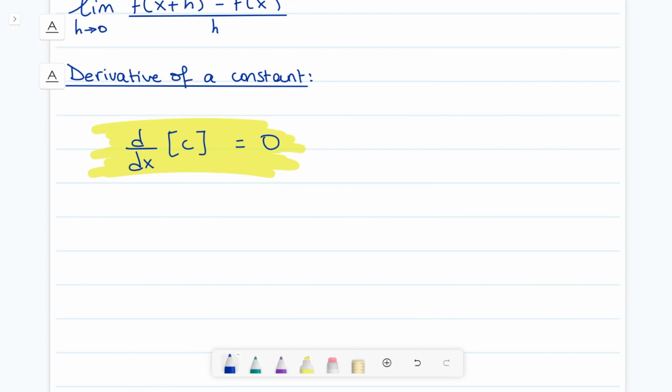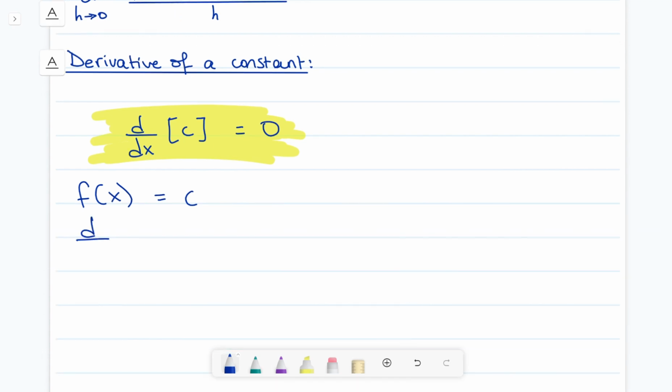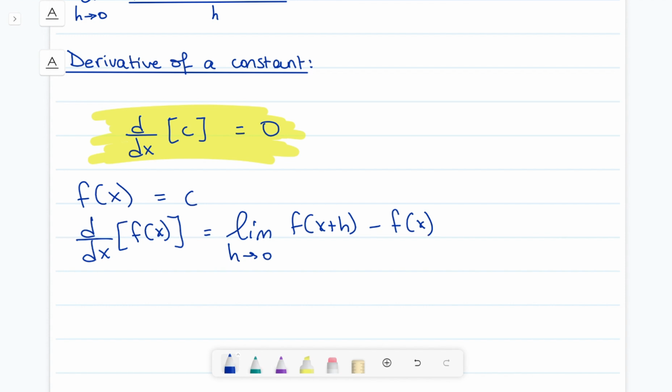Now let's prove it. So if we have a function f of x equals a constant c, and I want to find the derivative of f of x, we use the definition of the derivative, the same one I wrote above. Now, one thing to point out, f of x equals c.